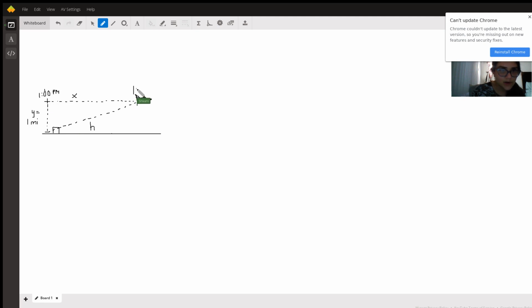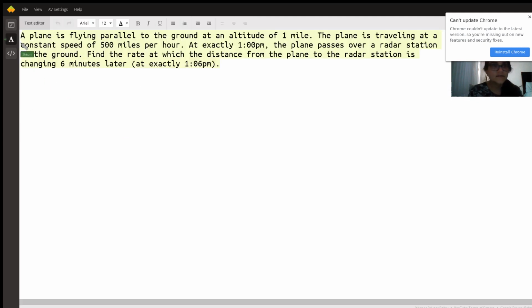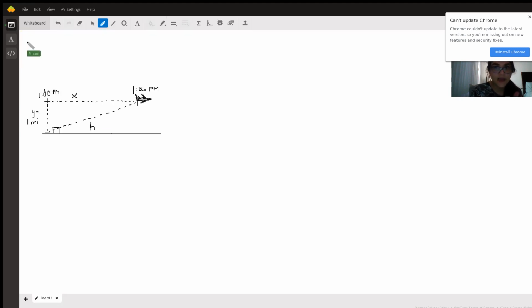And at 1:06 p.m., the plane is some horizontal distance x. Given the fact that it's traveling at 500 miles per hour, let's calculate the horizontal distance x at 1:06 p.m. So 6 minutes is 0.1 hours, or 1/10 of an hour.